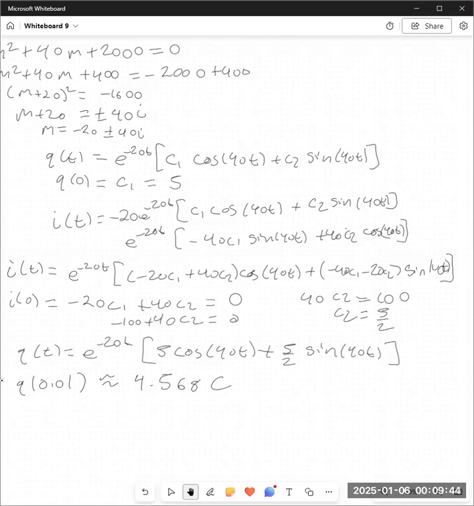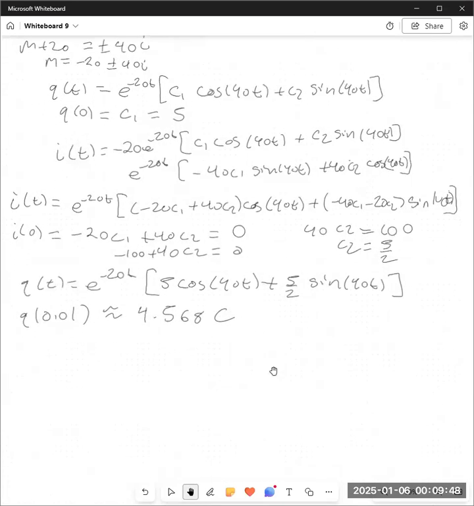And then we also want to find the first time in which the charge on the capacitor is equal to 0. So we can graph this if we want to find it that way.